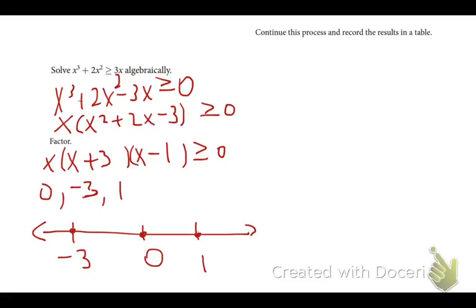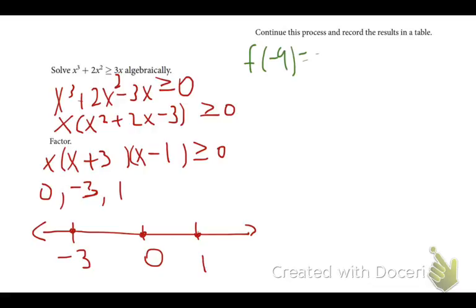So let's take this area right here. What's a number between -3 and negative infinity? -9? So let's test it. Okay, so -9.